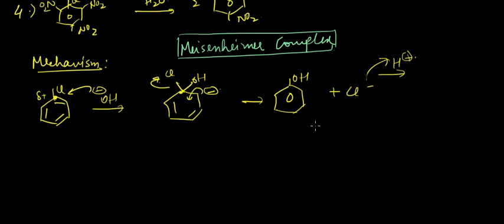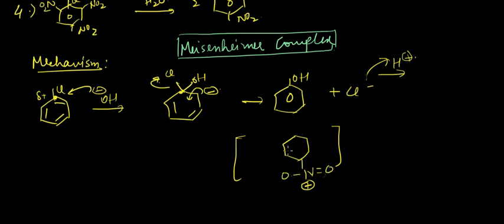Okay, so in the presence of NO2, what actually happens is, if we had NO2 attached at the para position, we would get something like this, and let's actually make this product NO2.